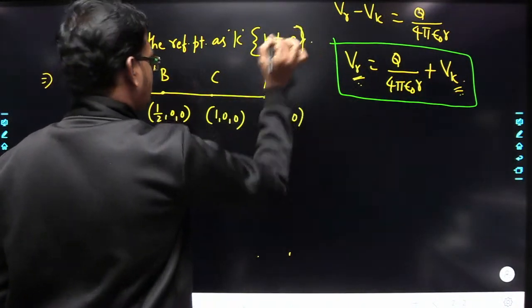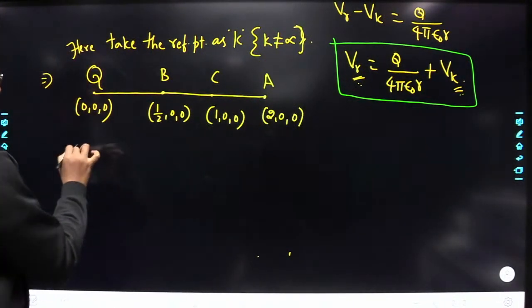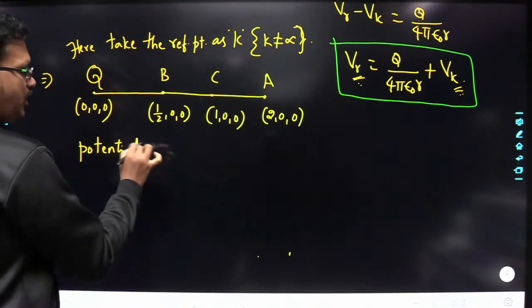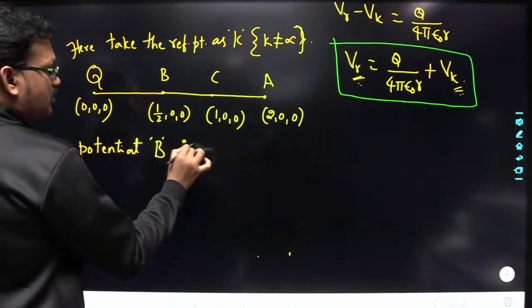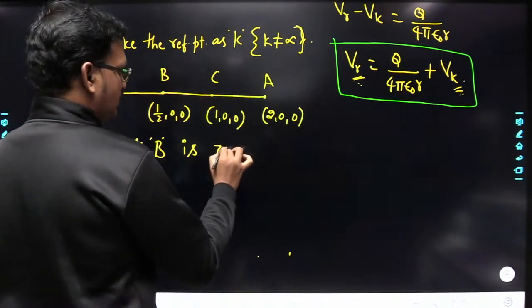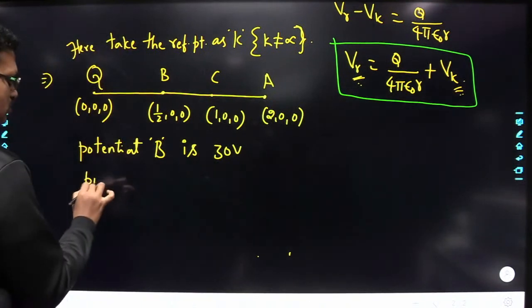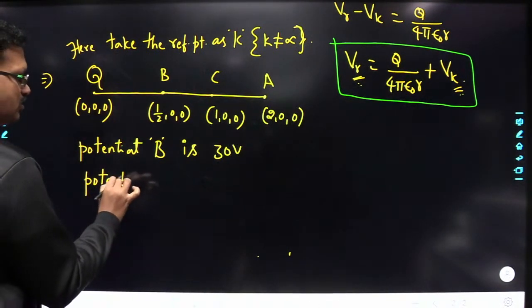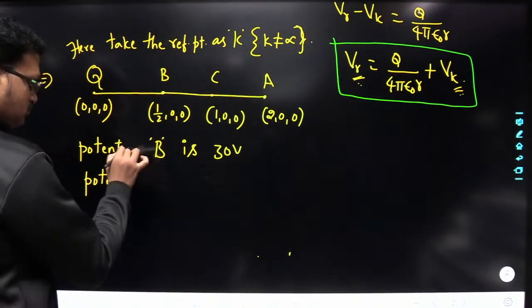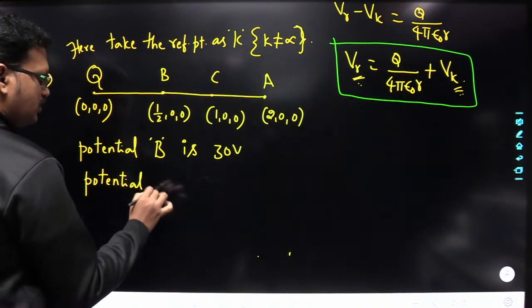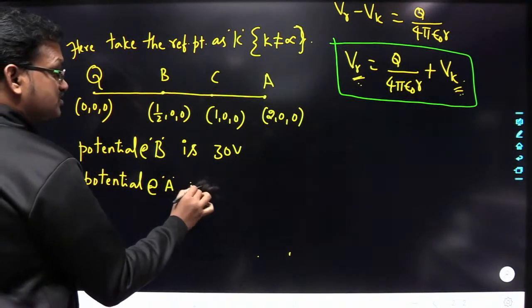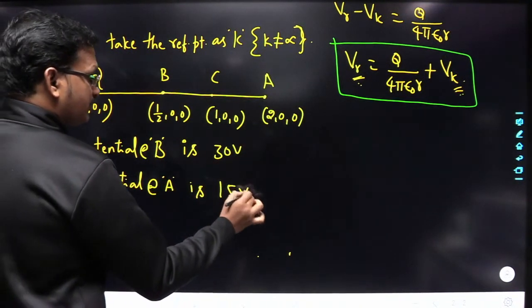This is what they have given, and they have said that the potential at B is 30 volts, potential at A is 15 volts.